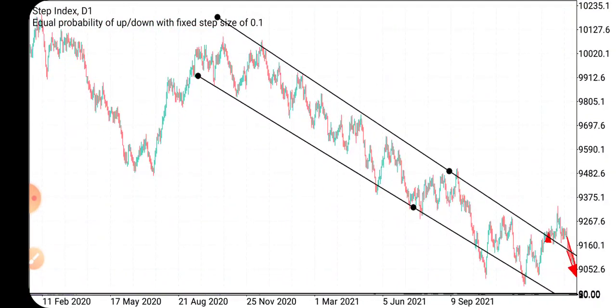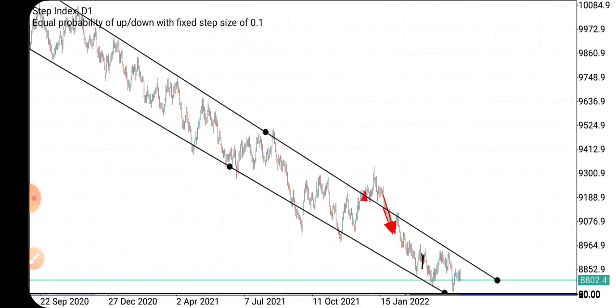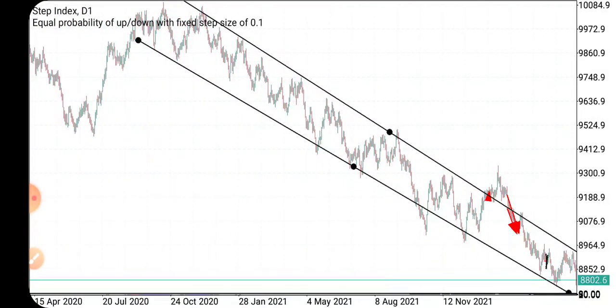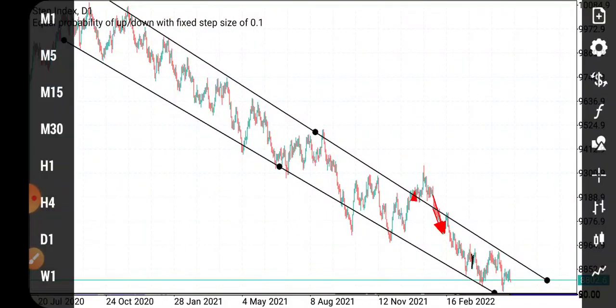You can see my channel here on the daily time frame. I've seen that this is a clear downtrend, guys. After this, I will go down to the 4 hour time frame, which is the next time frame.